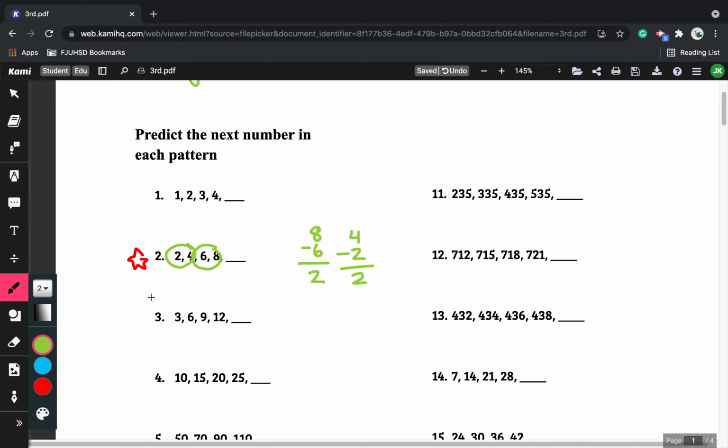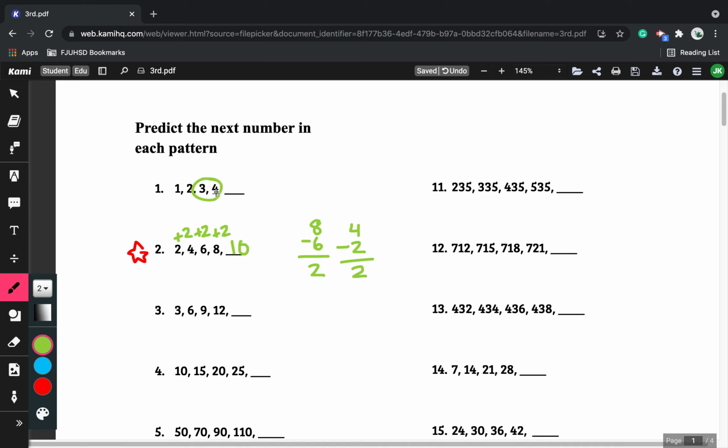If they're the same number, it shows that each of these numbers is added by 2. That's the pattern we found. So, if each number is added by 2, then 8 plus 2 has to be 10. And there you go. It's a pattern, and it works for all of them.